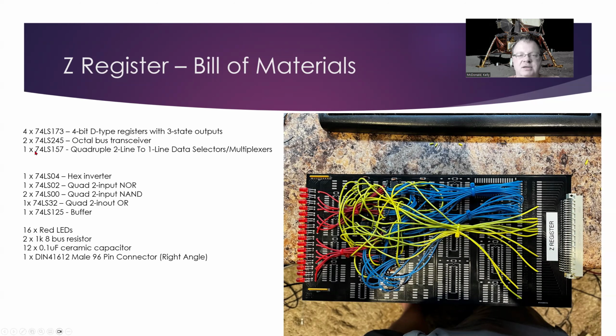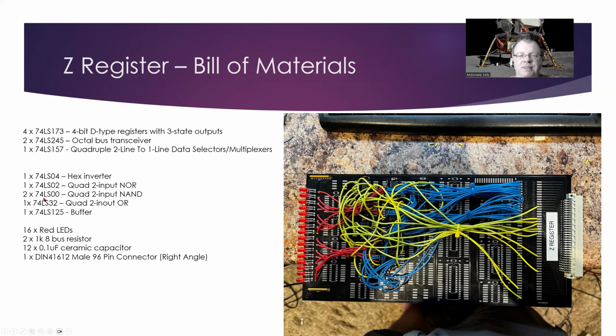Then we have one 74LS157, our data selector that we use to handle that Z15, Z16 signal. And for the glue logic to make everything work together, I used one 74LS04 hex inverter chip, so that's six inverters, and one 74LS02 quad, which is four 2-input NOR gates.